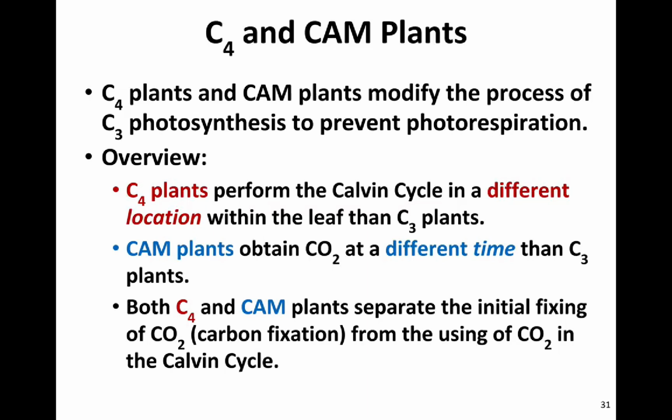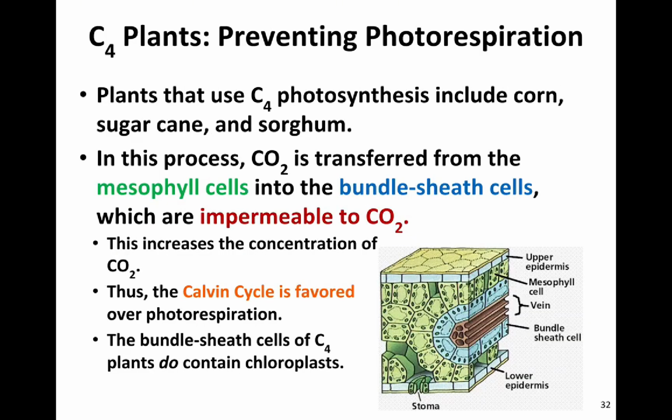And the reason for that is because this PEP carboxylase enzyme actually likes CO2. It has a higher affinity for CO2 than it does for oxygen. And so they are going to typically use the CO2 that comes into their cells instead of the oxygen, simply because the enzyme favors CO2 more than the oxygen, as opposed to the Rubisco enzyme that just uses whatever is in higher concentration. So let's go into C4 plants.